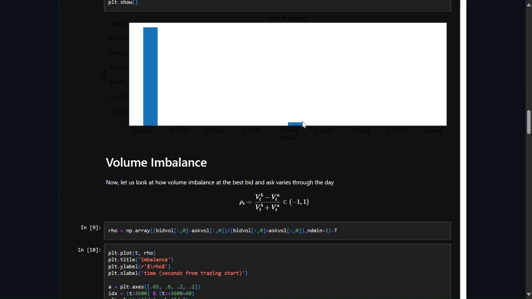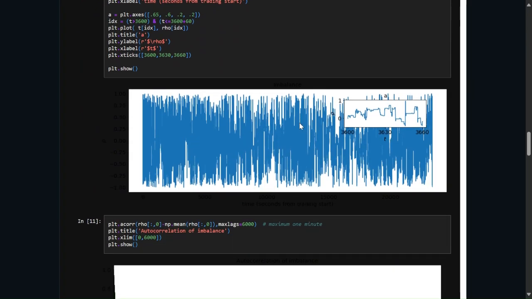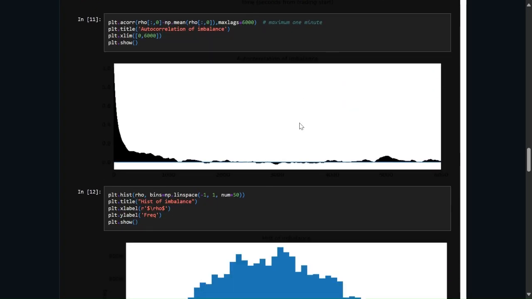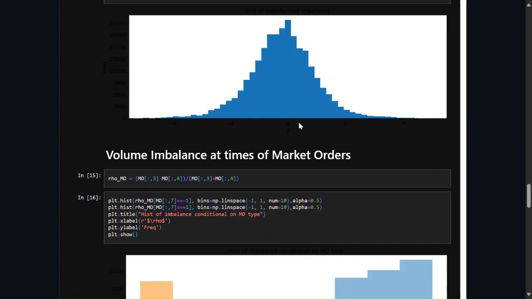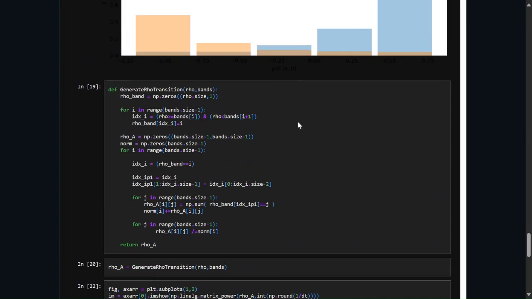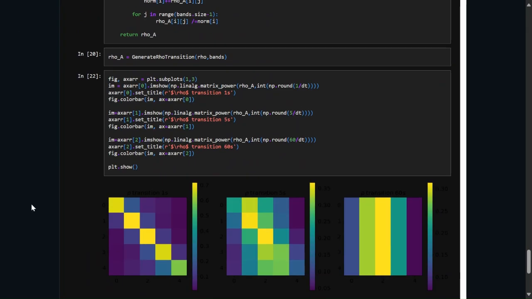This is totally normal to do as the analysis to start off with. We'll look at rho, which is the order flow imbalance, and then we'll do a rho transition matrix.